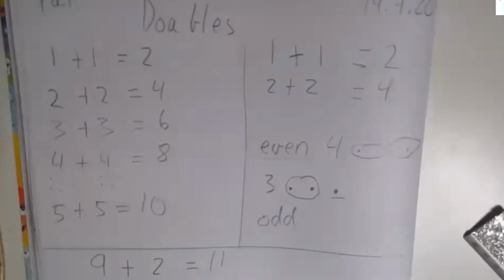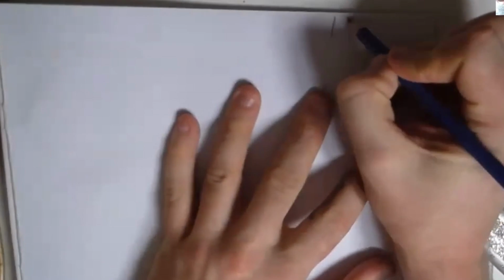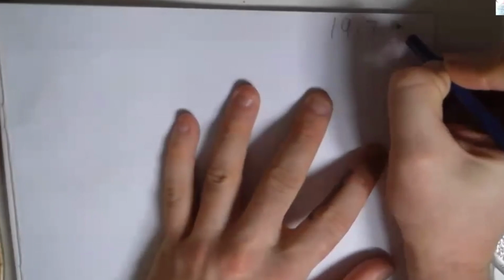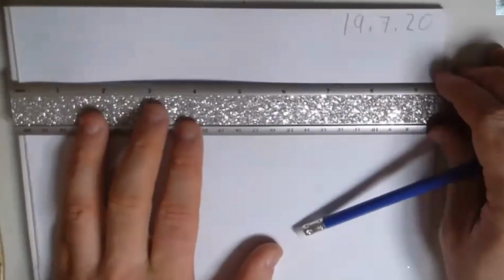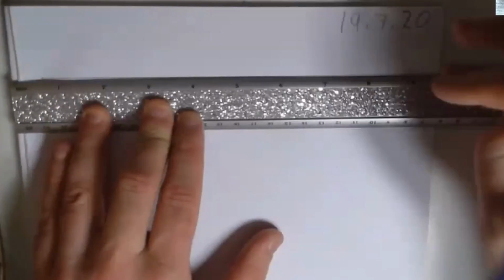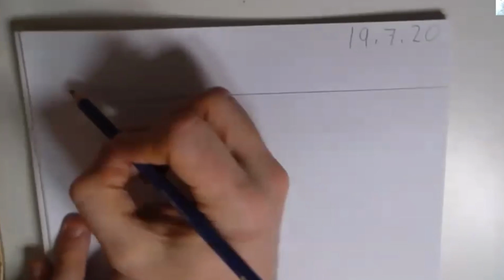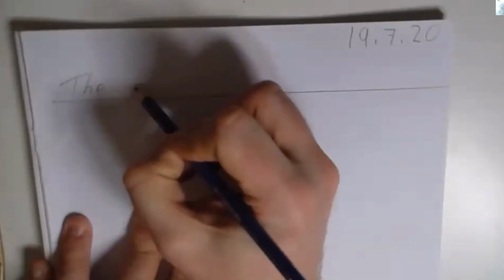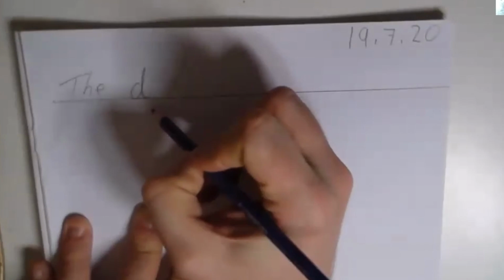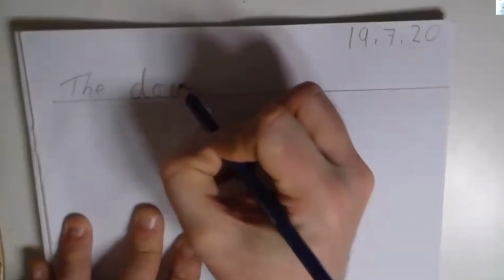If you want to make it a little bit more challenging for yourself and you want to involve some writing, remember, put a date, what you could write is you could write it as a sentence. So perhaps you could draw a line and your sentence could be the double, because that's the language that we're using, D-O-U-B-L-E.